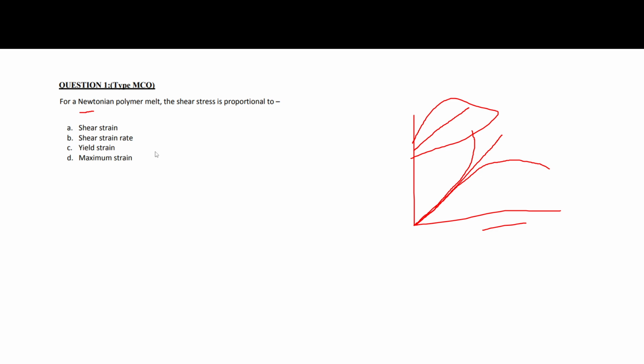Which should be the correct answer? We are plotting shear stress versus shear strain rate, so this should be our correct answer, not shear strain only.